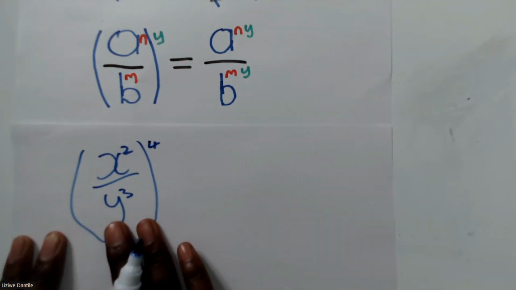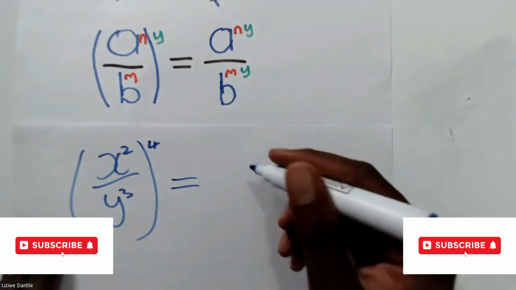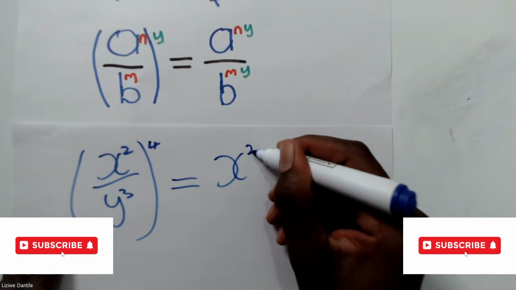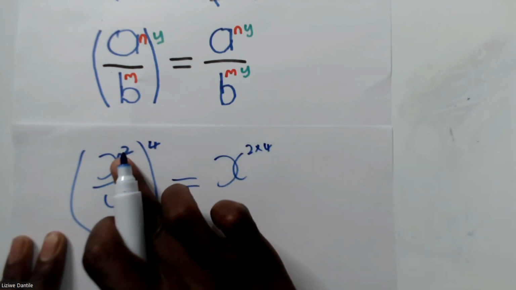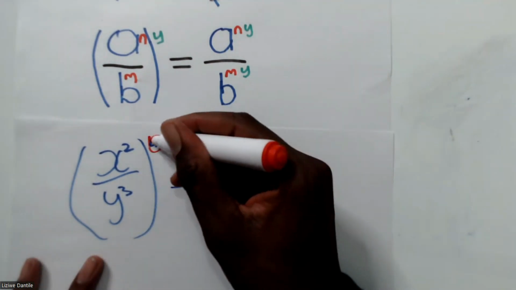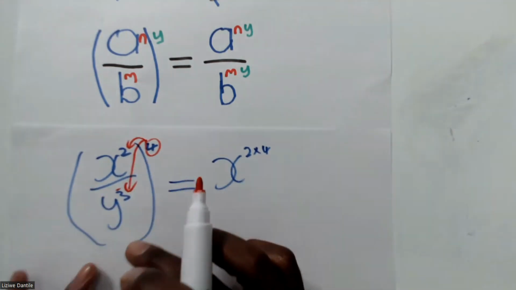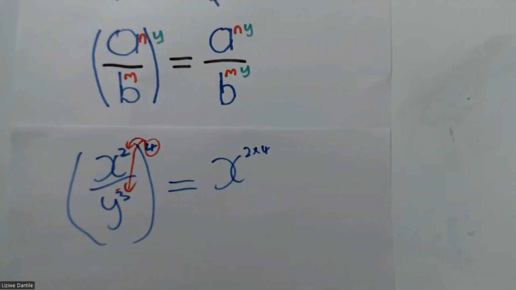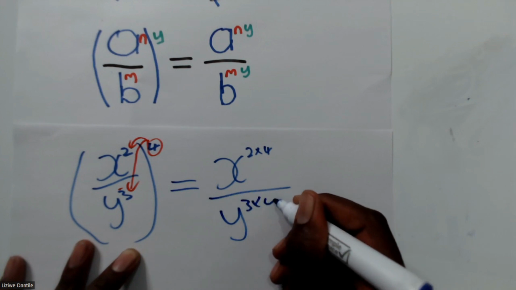According to the rule, this is the same as x to the exponent 2 times 4, because I take this exponent and multiply it here, and then multiply it here again, over y to the exponent 3 times 4.